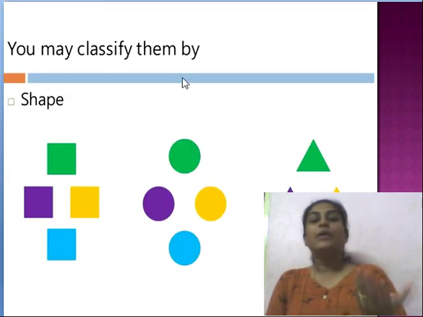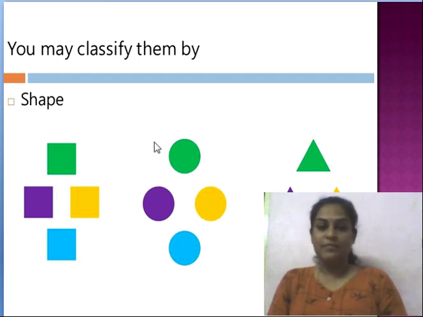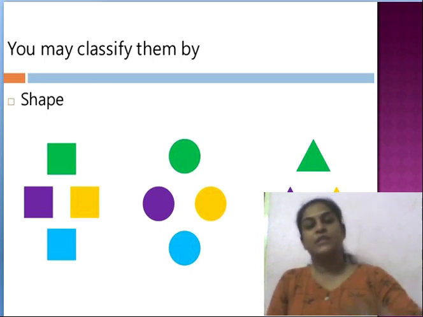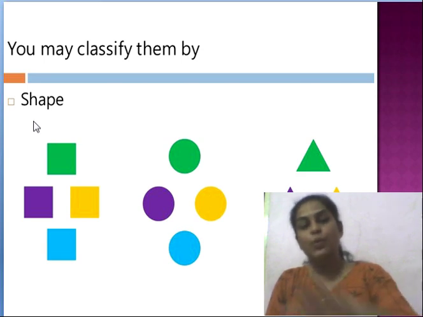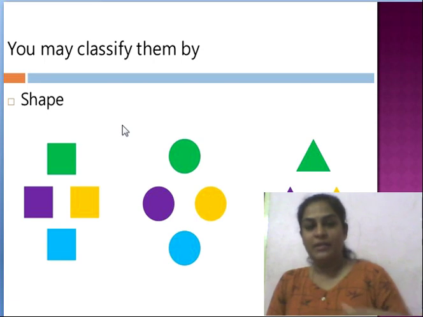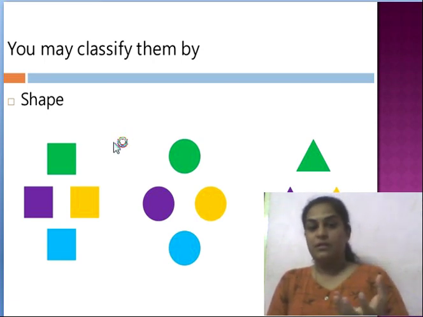We classified based on shapes: square is one shape, another shape is circle, another is triangle. In this classification, if you observe, the points are classified based on shapes. So now I hope you understood the purpose of cluster analysis.